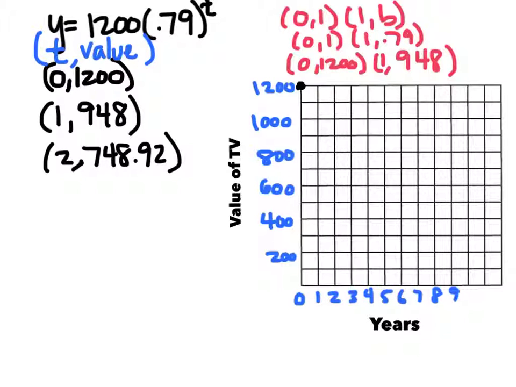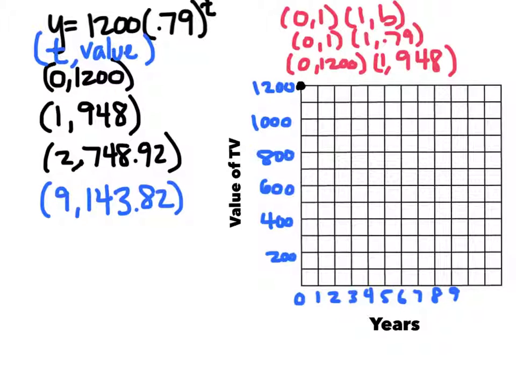The last one that I labeled here is 9. How do you find that point? You raise 0.79 to the 9th power, and then multiply that by 1200. So after 9 years, the TV is worth $143 and 82 cents.